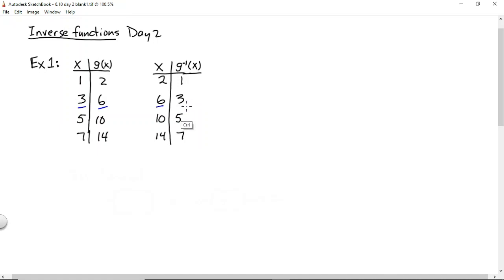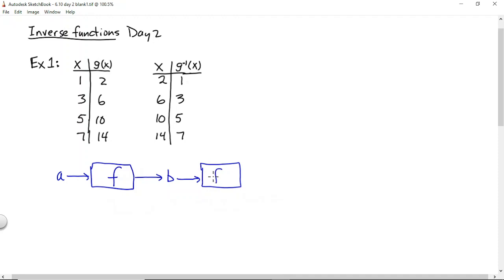So you could say in general, if you have a function f and if an input of a results in an output of b from that function f, then if you take that b and use it as the input to the function f inverse, what's your output going to be?